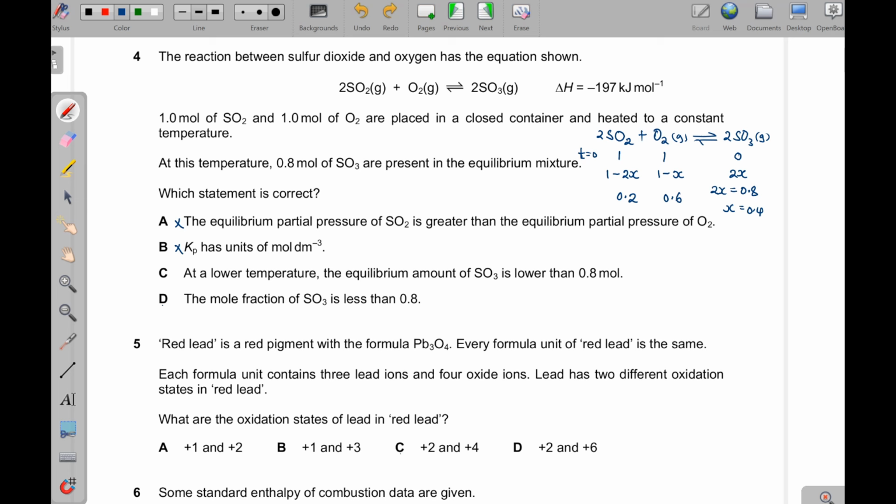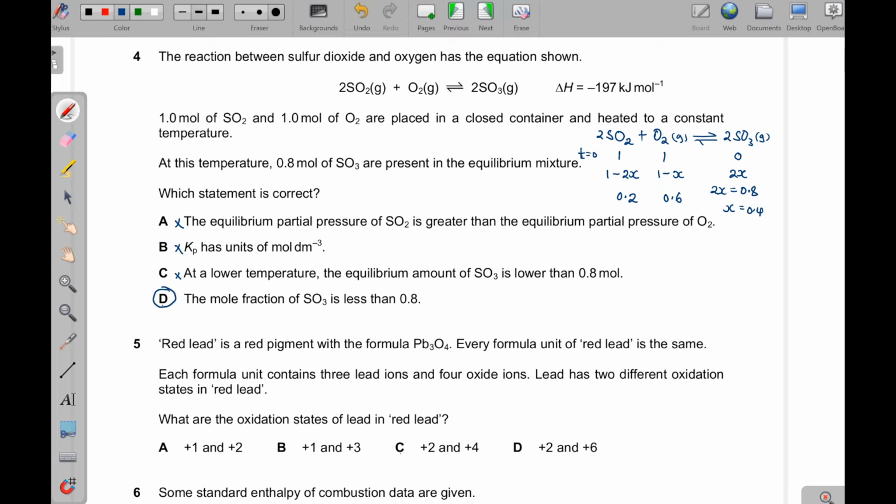Since you favor the forward reaction, you are going to get more of this sulfur trioxide. The yield is going to increase, so you are going to get more than the 0.8 that you have here at equilibrium. So even this one has to be off.